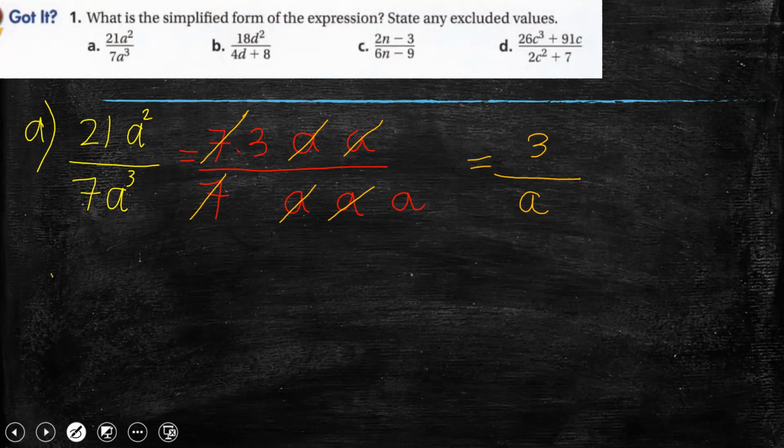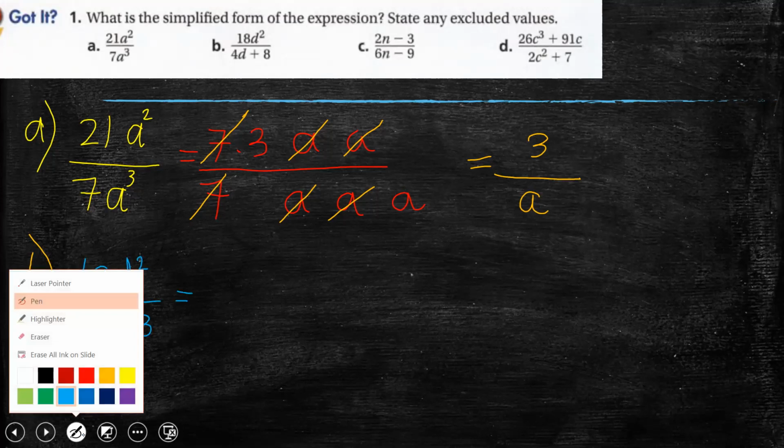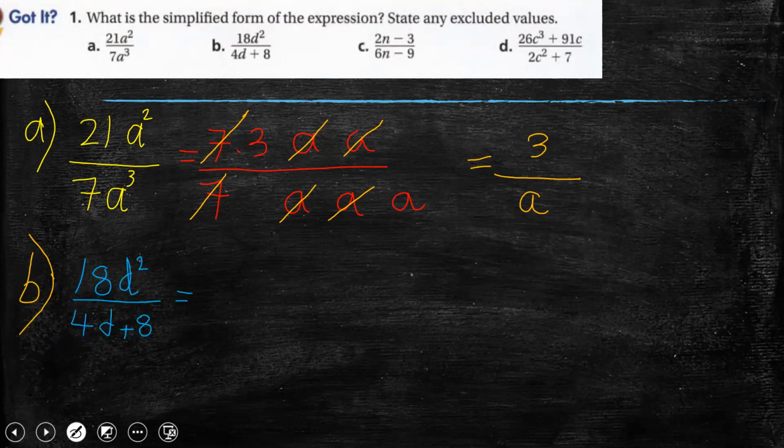Let's do now B. In B here, we have 18d squared over 4d plus 8. Now let's try to simplify the upper one. Give me the factors of 18.